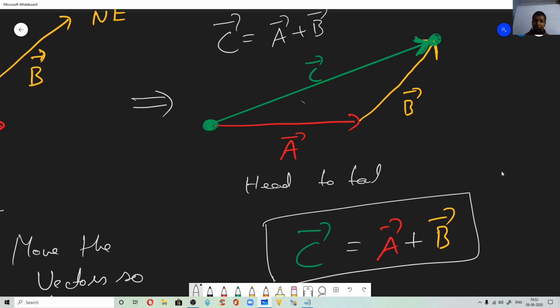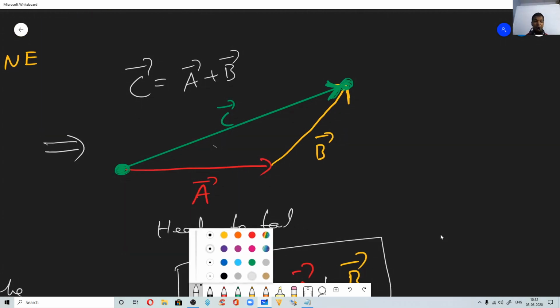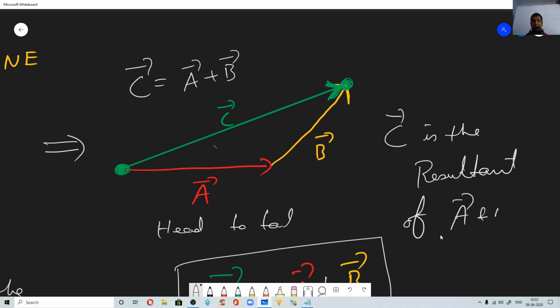All right, fine. Now sometimes there is one more word we use for C. You can say vector C is the resultant of A and B. The word I'm going to write again, please make a note of it.